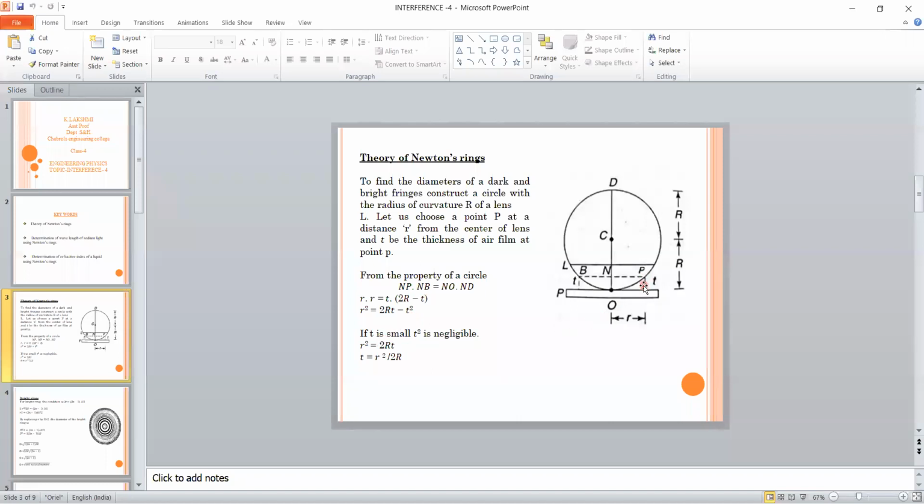The thickness of the air film is very small. For example, let it be 0.01. Then what is the t square value? 0.0001. As the t value is very small, its square value is too small.